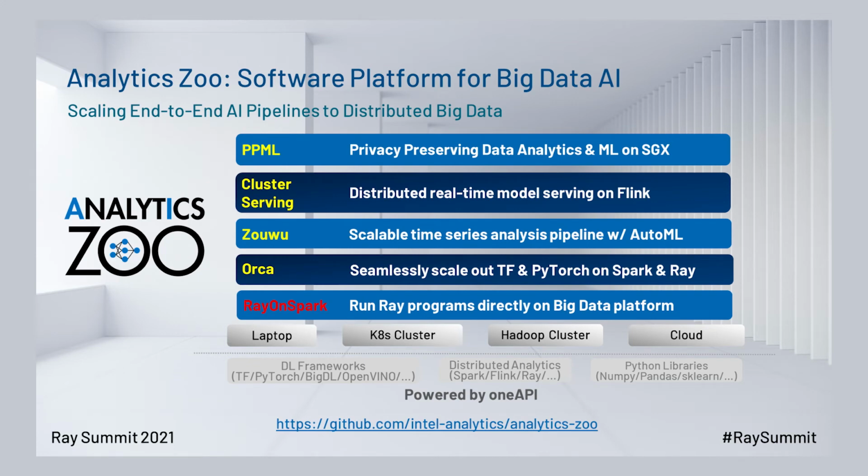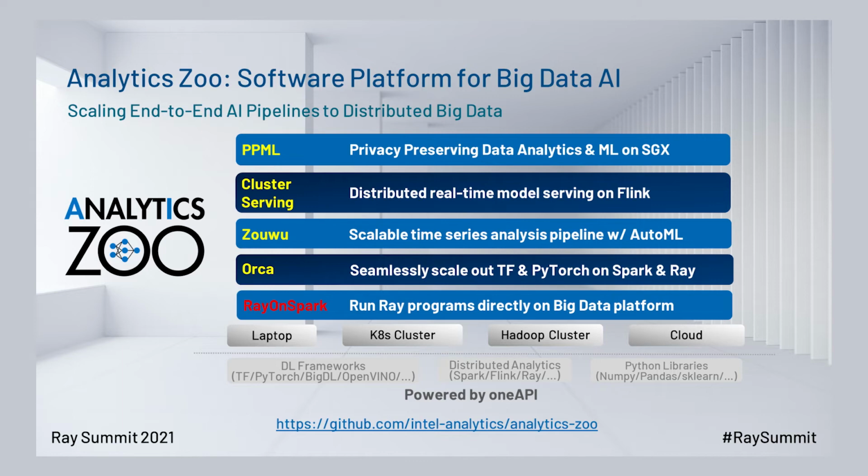Analytics Zoo enables users to seamlessly scale end-to-end AI pipelines to distributed big data. The figure on this page lists some of the key features of Analytics Zoo, and you can see RayOnSpark in this page is one of them, and I will talk about the details later.